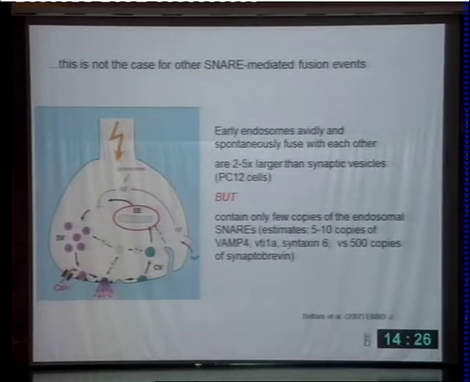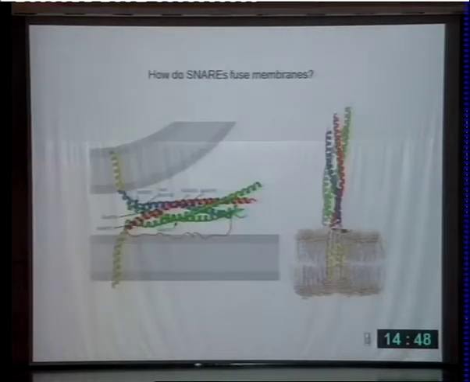They still fuse happily using their endosomal SNAREs, which we know. These are VAM4, VTI1A, syntaxin 6, and so on. And there are only a few copies on the endosomes. So in particular for VAM4, we have only 4, 5, 6 copies on the entire endosome. That means this fusion reaction must be efficient with only very few SNAREs, 1 or 2. So that makes biological sense.